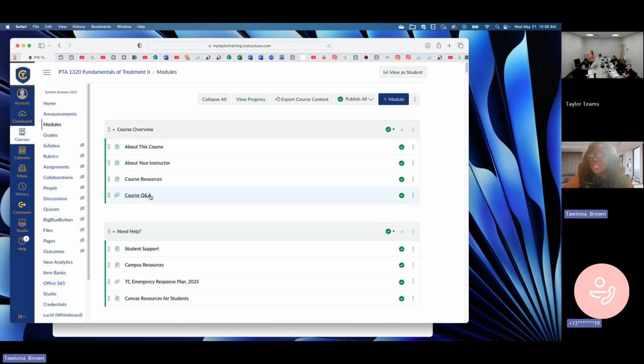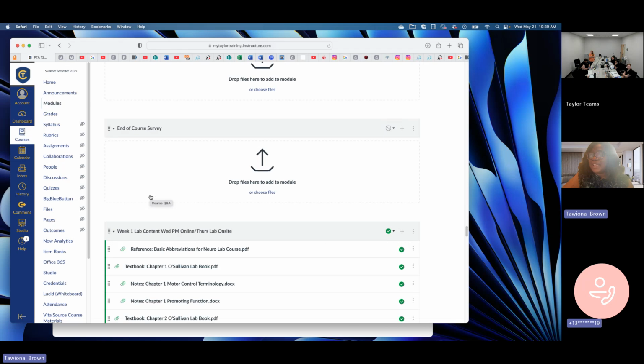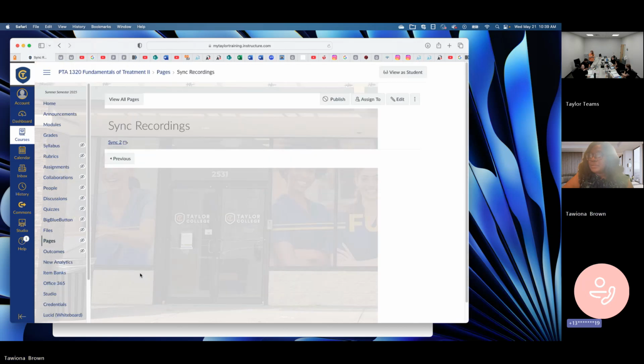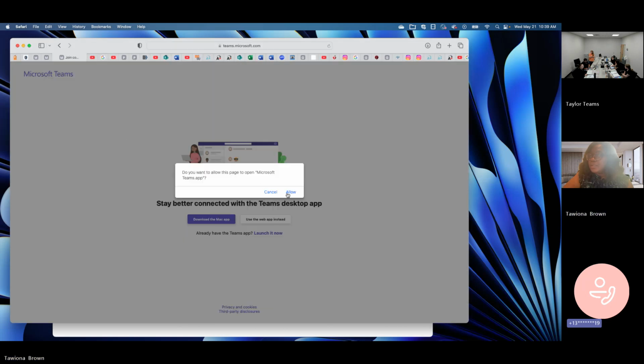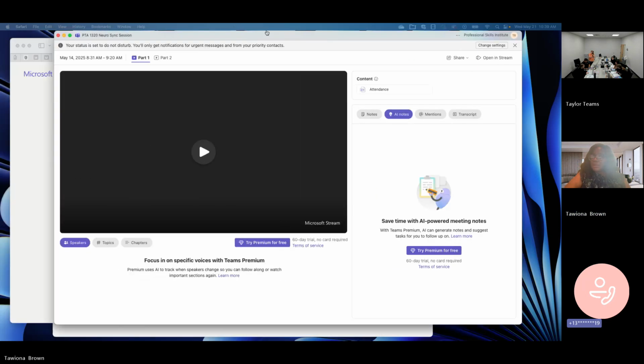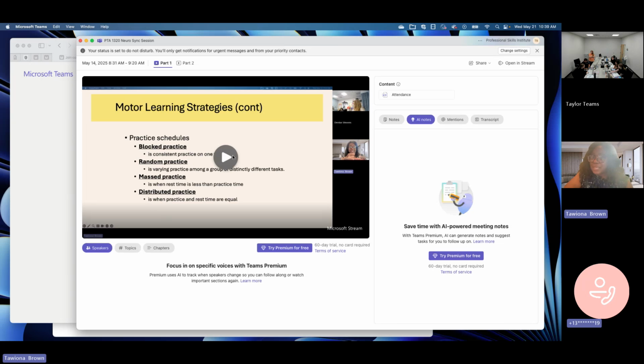This is my module section, and I'm going to go all the way down. Remember, I said pay no attention to that. And see where it says sync session recordings, right? So you're saying you're going into there, and then where it says this right here, does it give you that? And does it allow you to say allow? And then from there, it should open this up. And this is what you're not getting.